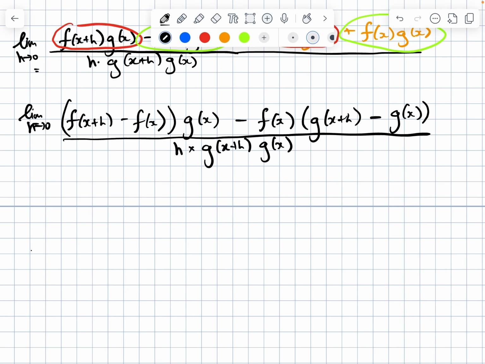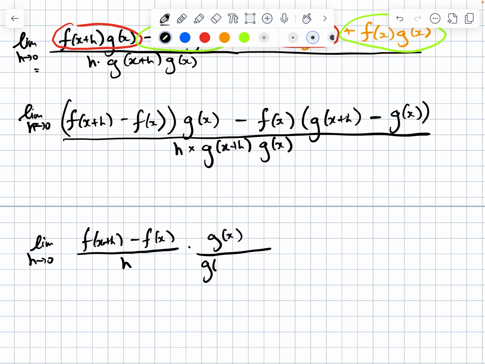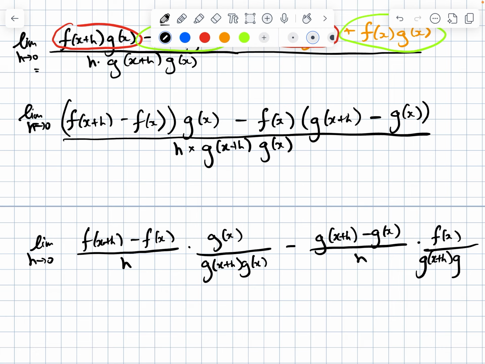Now, we can split this up into its two numerator parts. We get the limit as h approaches 0 of f(x plus h) minus f(x) all over h times g(x), all over g(x plus h) times g(x), minus g(x plus h) minus g(x) all over h times f(x) all over g(x plus h) times g(x).